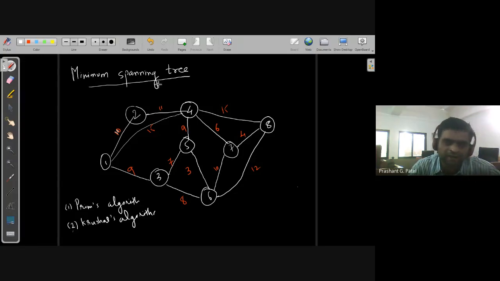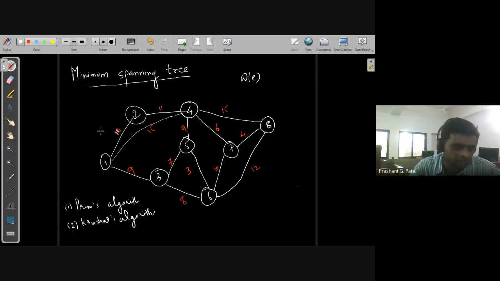So for that, we'll consider one graph G, which is a weighted graph. And what do we mean by a weighted graph? As I already discussed, each edge E has been assigned some real number, W of E. It's called the weight of the edge E. For example, here the weight of the edge 1 to 2 is 10.